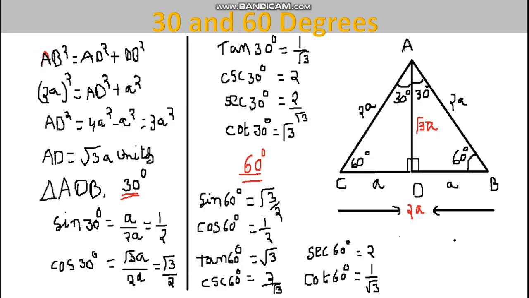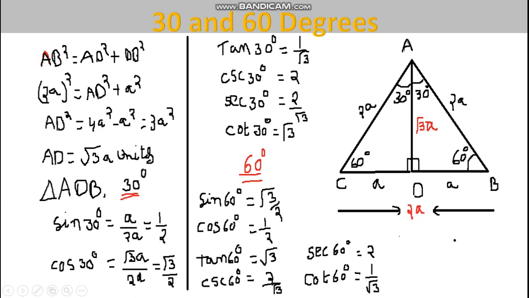since these two triangles are congruent, angle CAD is also 30 degrees and angle ACD is also 60 degrees, because triangle ABD is congruent to triangle ACD, angle B and angle C are equal, and angle BAD and CAD are also equal, so angle CAD is 30 degrees.